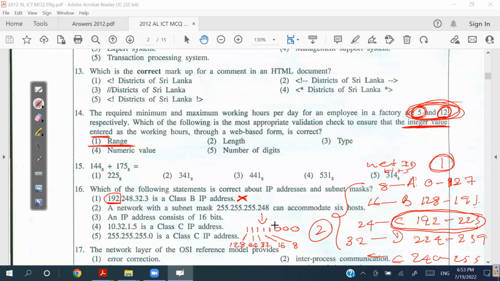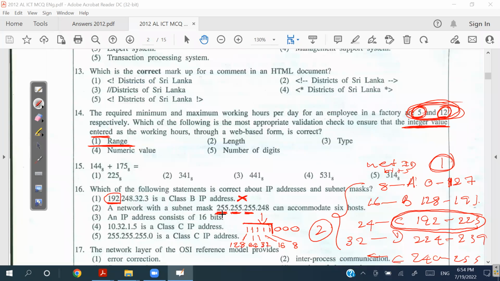So up to this point, you have the net ID. This is the last octet. The first octet belongs to the net ID, the second octet belongs to the net ID, the third octet belongs to the net ID. Why? 255 consists of all ones, and the part filled with ones is the net ID.